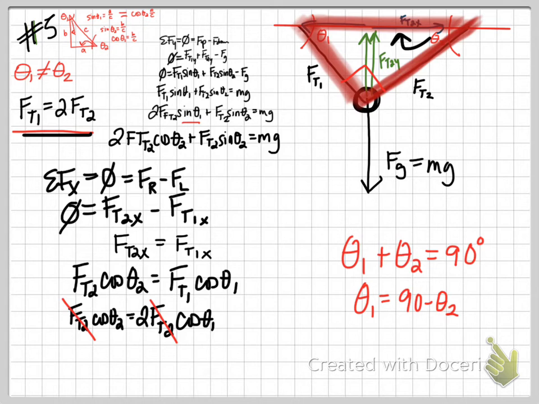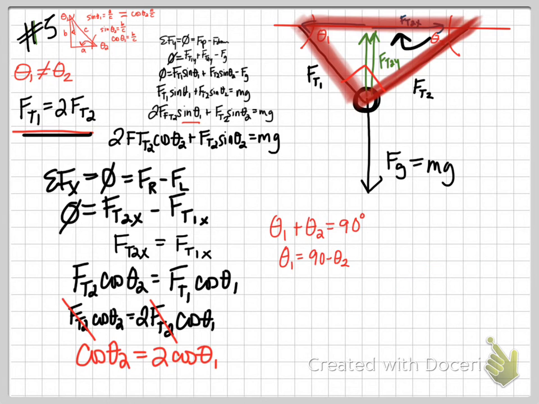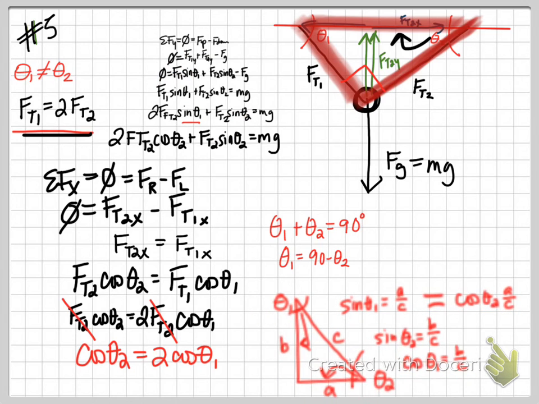Yeah, it is. So now I'm down to the cosine of theta 2 is equal to 2 times the cosine of theta 1. So if only I could get this down to a single trig function and a single angle. Let's go back to this bit of work, and actually this bit of work. I'm going to sit down for this.